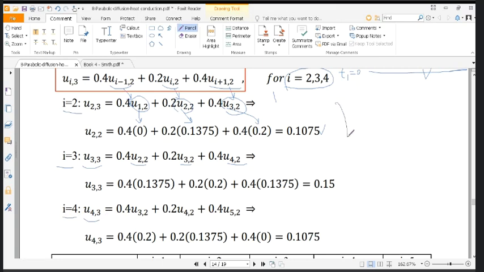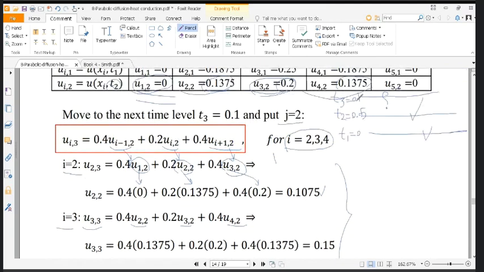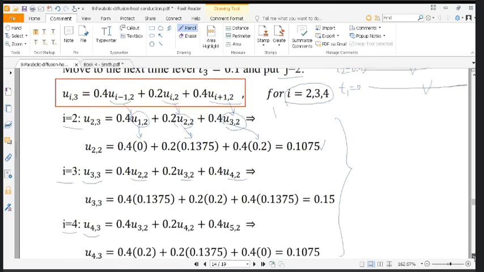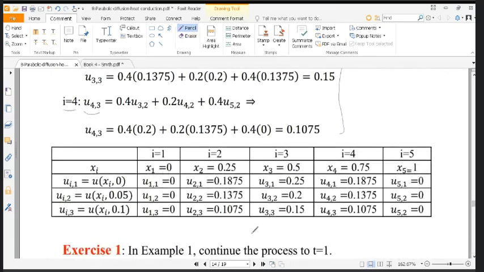When we compute this formula for I equal to 2, 3, and 4, the value of u at T3 is known, and they are not unknown. They are changed to be known. In this table, you can see the value of u at the 3-step size.